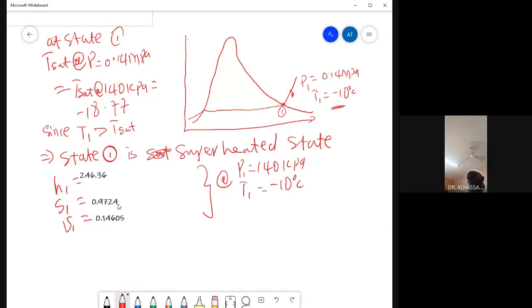The specific volume is this. Let me add the units. This is kilojoules per kilogram.